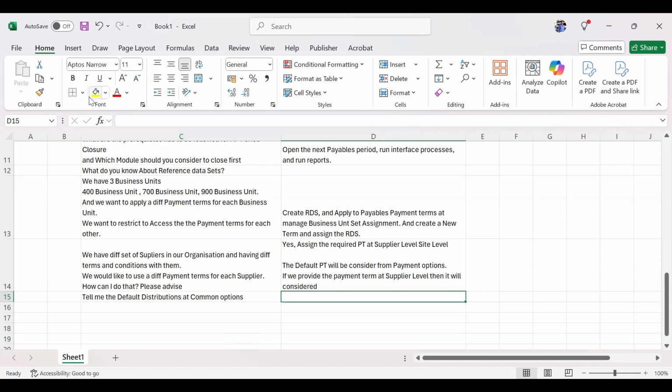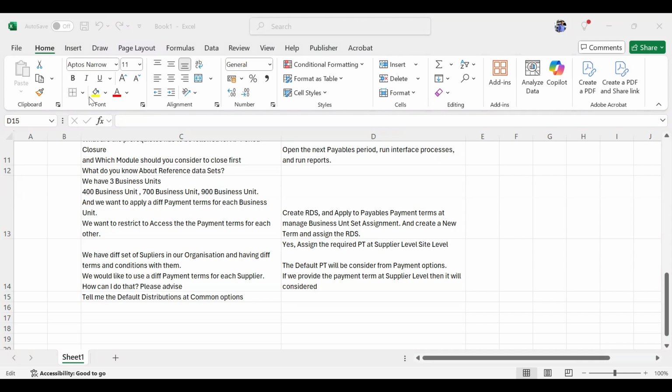I think liability distribution, prepayment distribution, correct. Advance distributions, withholding tax distribution, expense clearing. Any other?